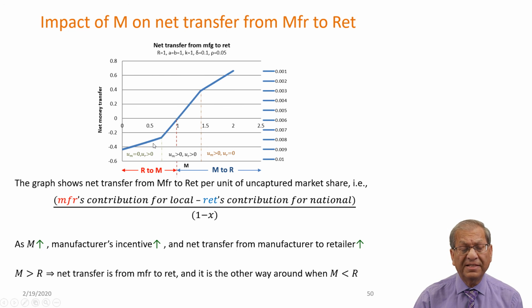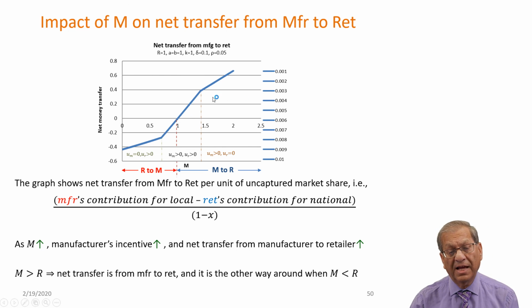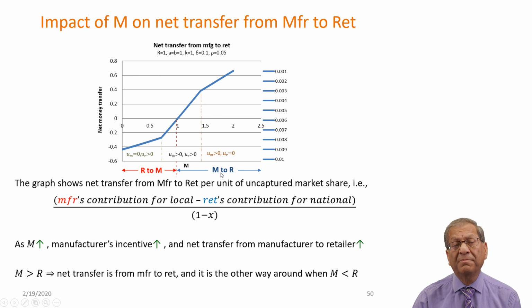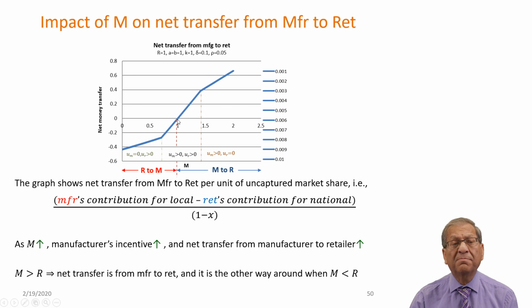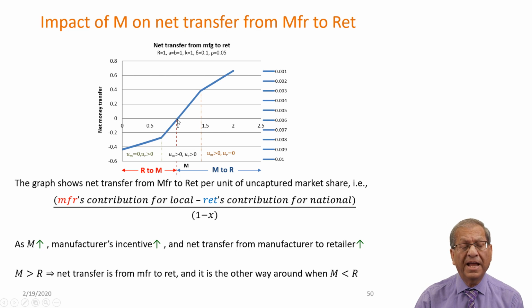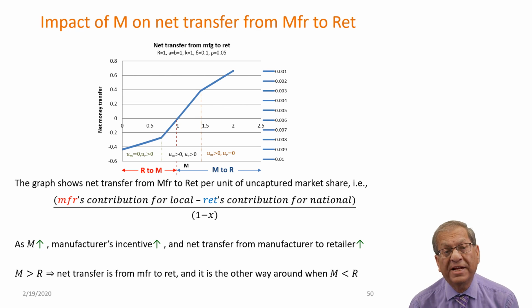This means that there is a net transfer from retailer to the manufacturer. And on this side, we can see that the transfer is from the manufacturer to the retailer. Exactly at this point is the boundary solution where M equals R and UM and UR both are equal to 0. That means there is no support by anybody and there is no net transfer.